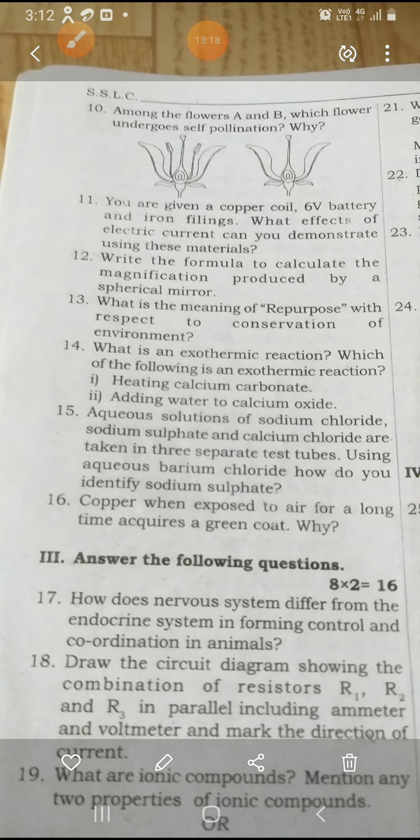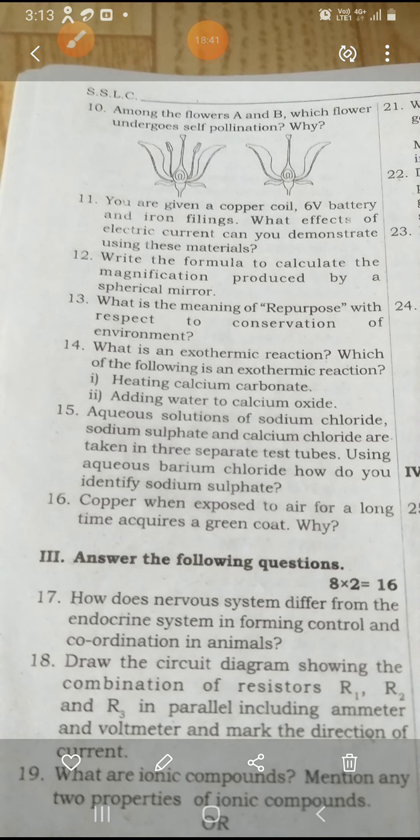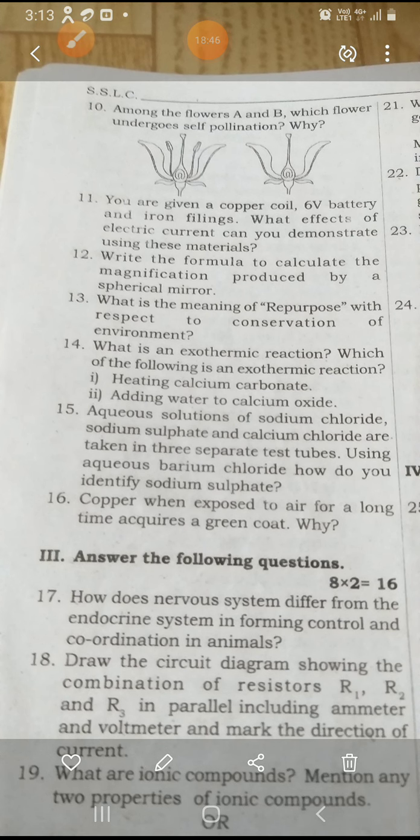For example, when a sound strikes our eardrum, electrical signals are sent to the brain so that we are able to understand what the sound is. In that case the nervous system helps, whereas the endocrine system secretes hormones as chemical messengers, right?